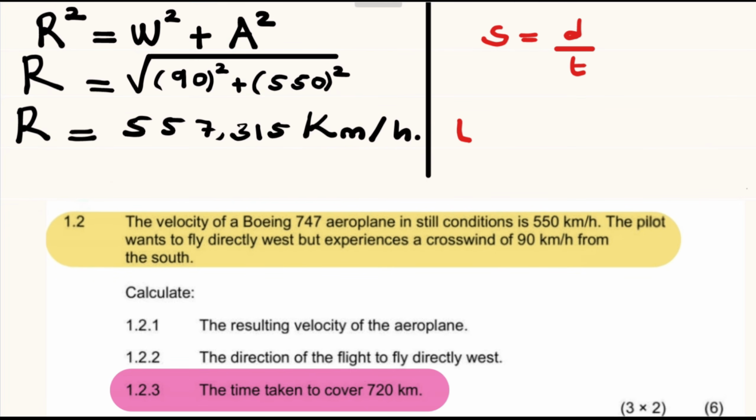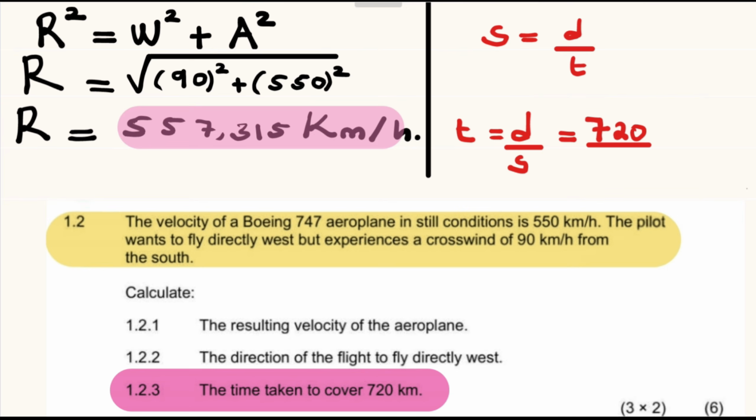We have t is equal to distance divided by speed, where the distance is 720 kilometers and the speed is the 557,315 kilometers per hour. So we use the resultant, the actual speed, and 720 divided by 557,315 is equal to 1,29 hours. So this will be our answer.